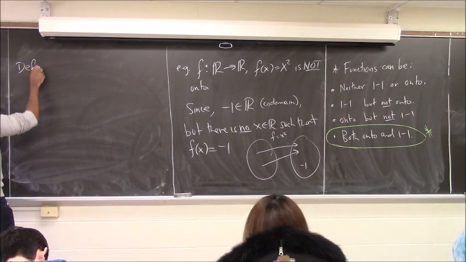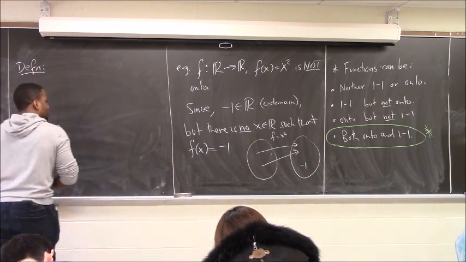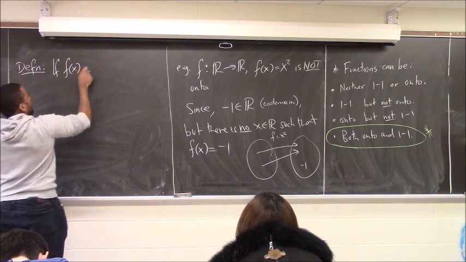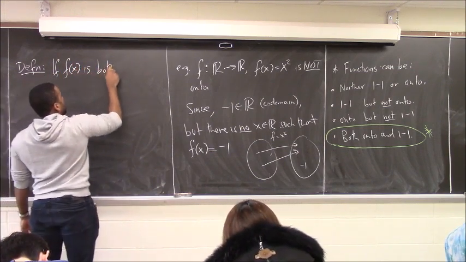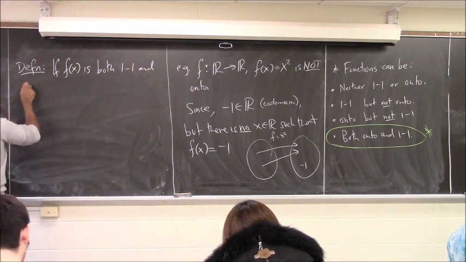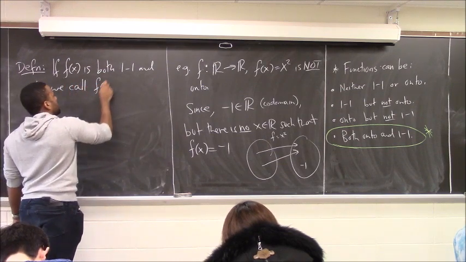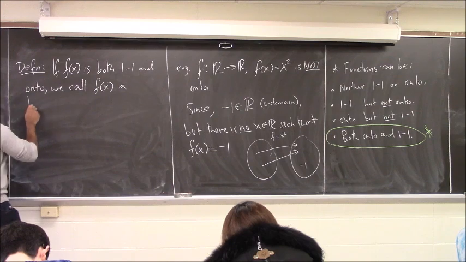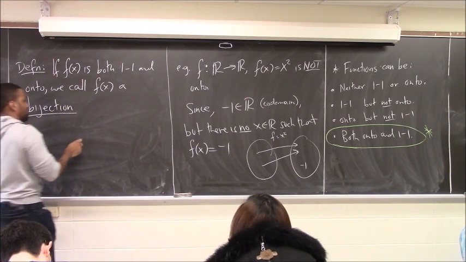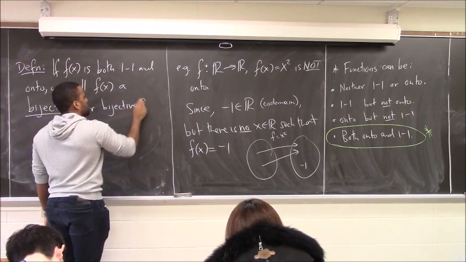Definition. If f of x is both one-to-one and onto, we call f a bijection, or a bijective function.